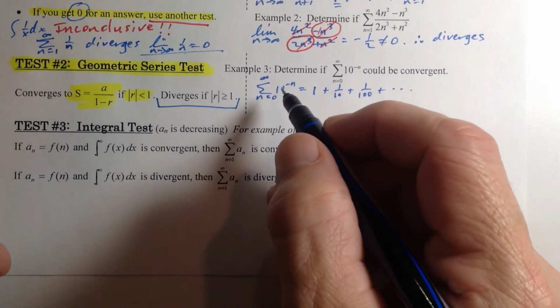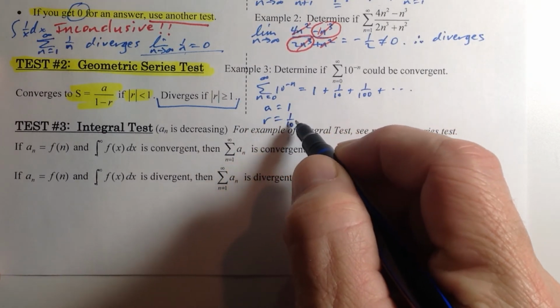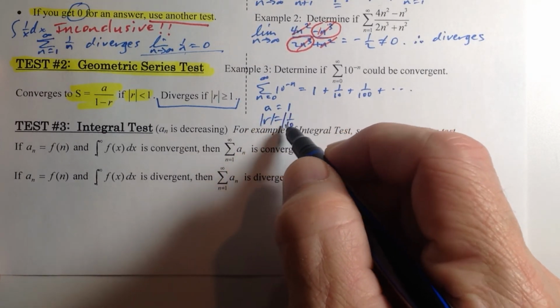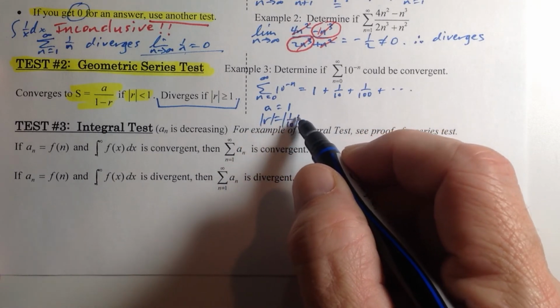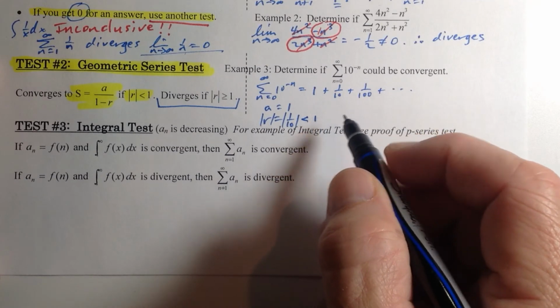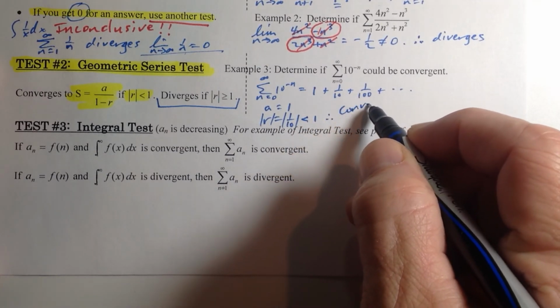We can see that the first term is 1, the common ratio is 1/10, and we could say that the absolute value of the common ratio is the absolute value of 1/10, which is less than 1. Okay, therefore the series converges.